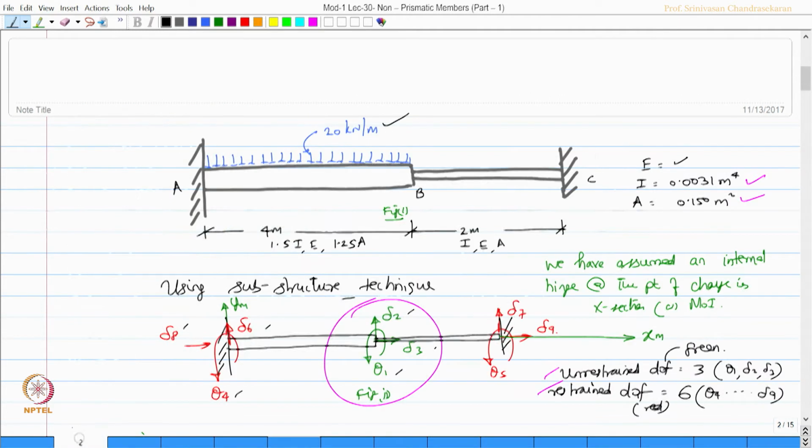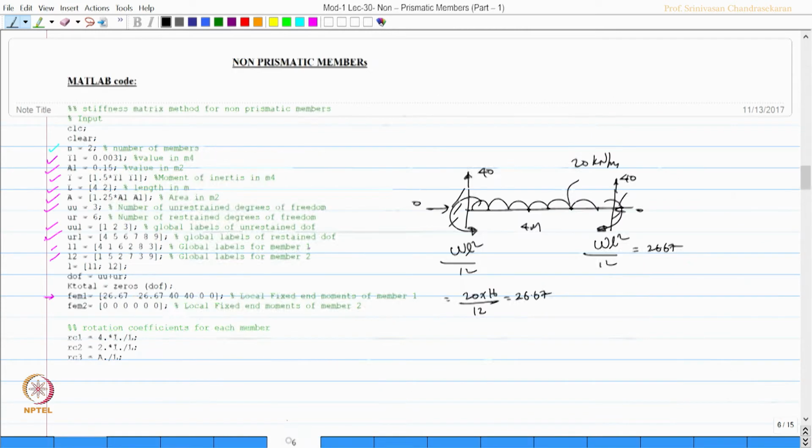So, if you look at the degrees of freedom, this is 4, 1, 6, 2 and 8, 3. So, this is actually M 4, this is actually M 1, this is V 6, okay. This is V 2 and this is H 8 and H 9 and H 3, is it not? Okay.